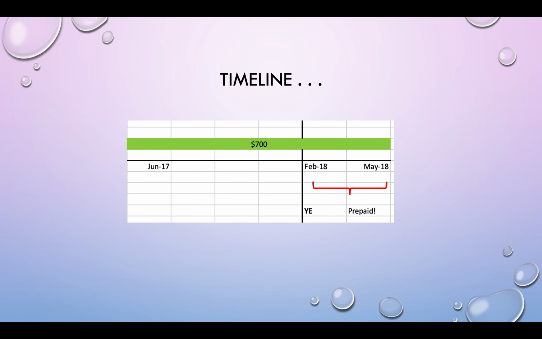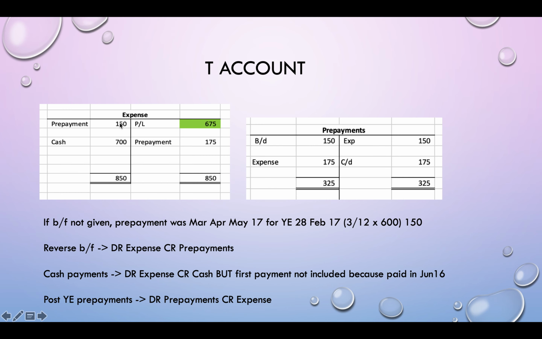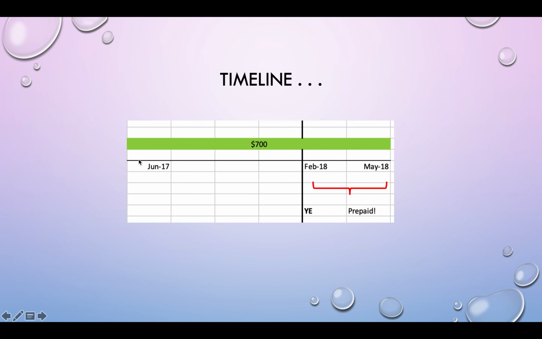You can use a timeline to illustrate this, and I have focused on the last payment, which was from the 1st of June 17 to the 31st May 18, as you can see here. And this whole year was worth 700.